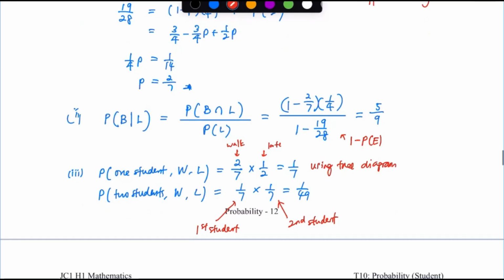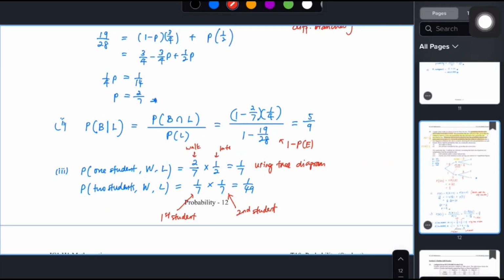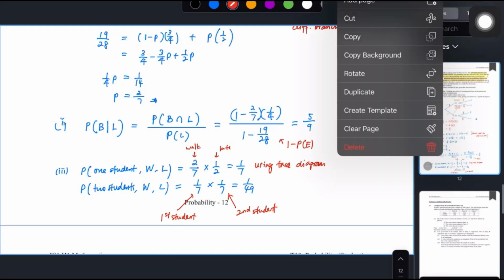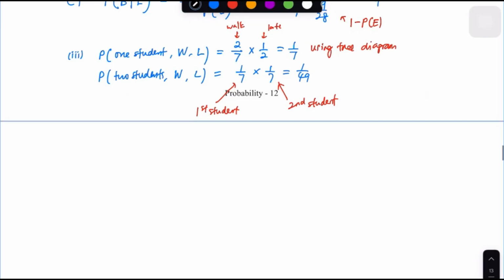All right, let's look at the last one. Find the probability that exactly one of the students is early, giving your answer to three significant figures.